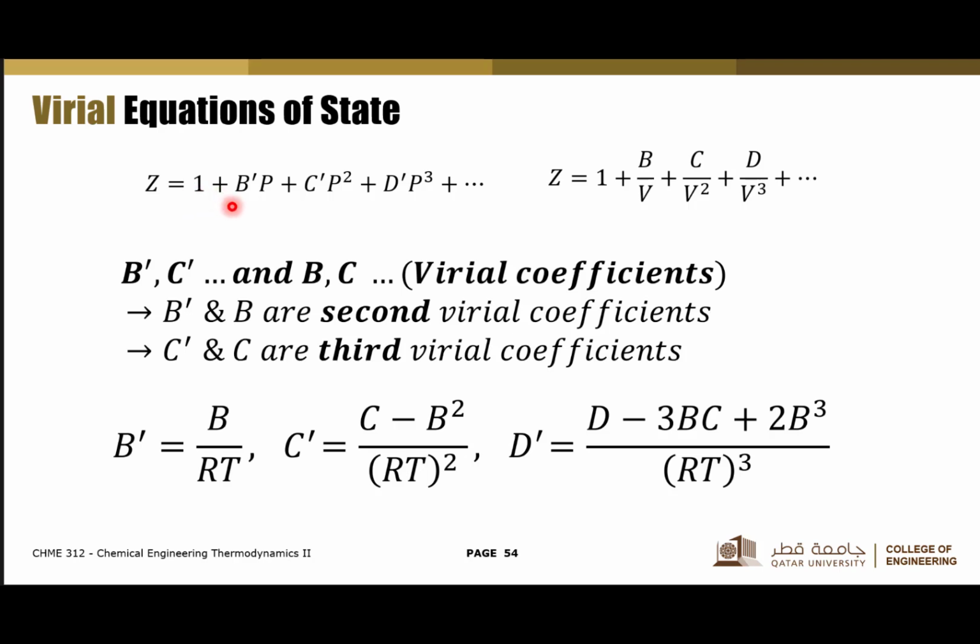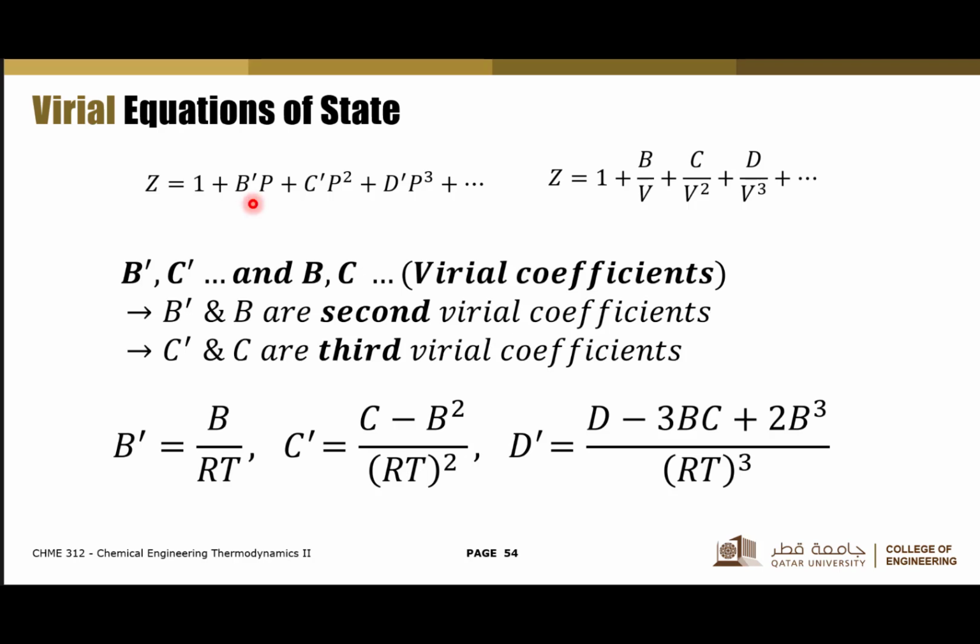Now, if Z is greater than 1, it tells me that we're going to have a greater pressure in my system compared to ideal. A greater pressure is caused by the molecules repelling each other. If I have attraction, then the value of Z would be less than 1. Those coefficients have more attraction between the molecules, which will cause a lower pressure overall in my system.